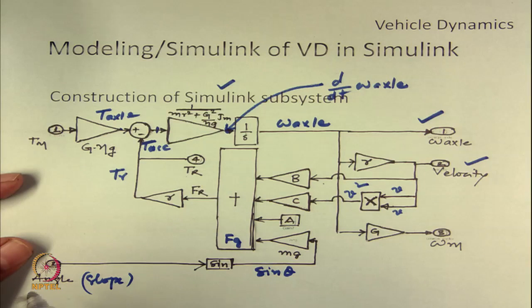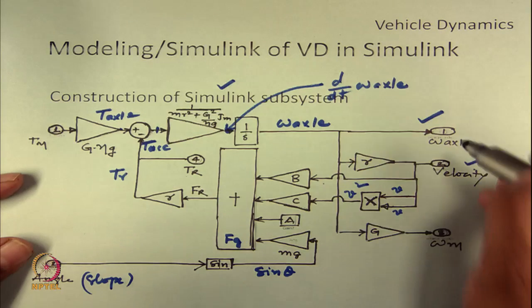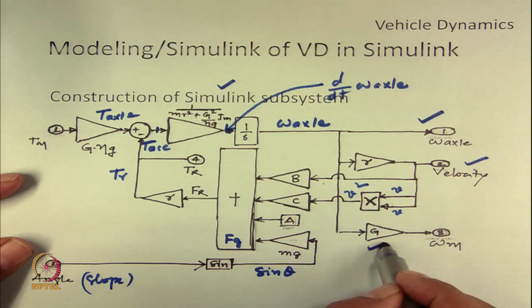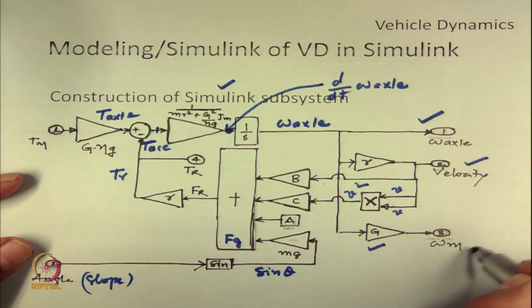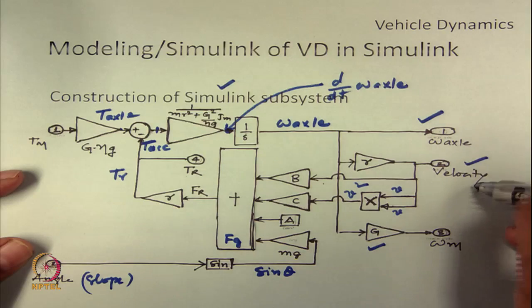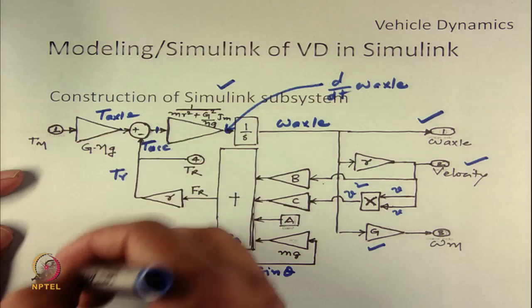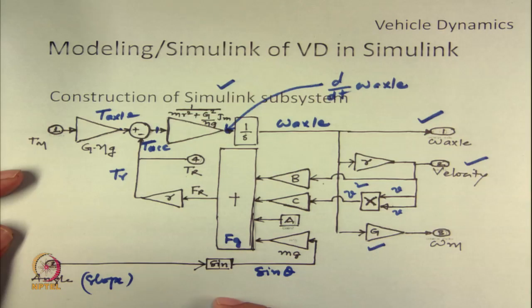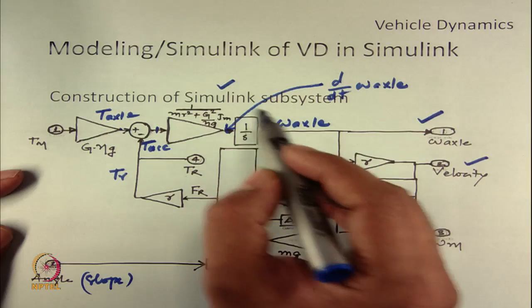On the motoring side, we may like to know the angular velocity of the driving shaft. So, if omega axle is multiplied by g, we can get omega m, which is the angular velocity of the driving shaft of the motor. So, we have three outputs, omega axle, velocity and omega m. Inputs are T m and slope angle. So, you can see it is a very simple way of representing the vehicle mechanical system in Simulink.